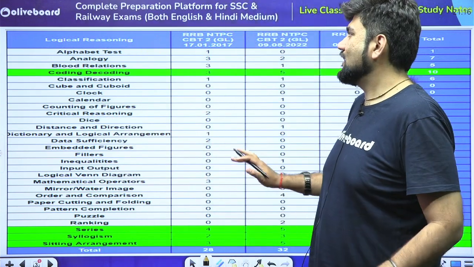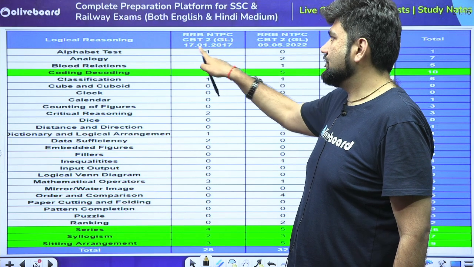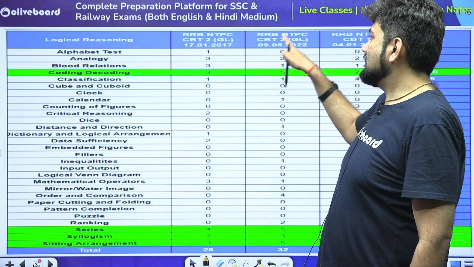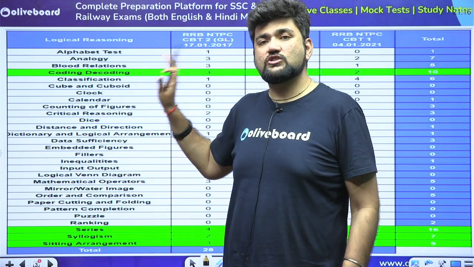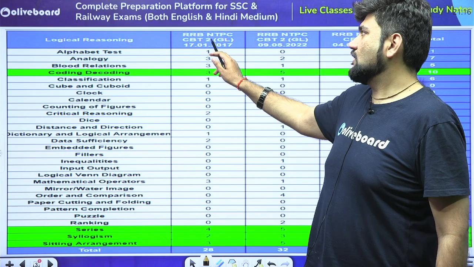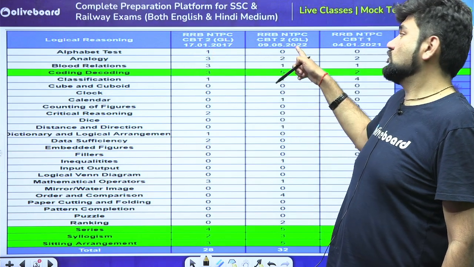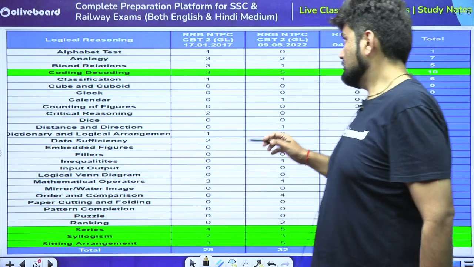Okay, what we have done is, this is the examination RRB NTPC CBT 2 graduate level, 17 January 2017, and RRB NTPC CBT 2 graduate level, 9th May 2022. These are the dates on which the actual exam was conducted, but obviously this was for NTPC 2015 when the notification was out, and this was for NTPC 2019 when the notification was out, but the papers were held later.